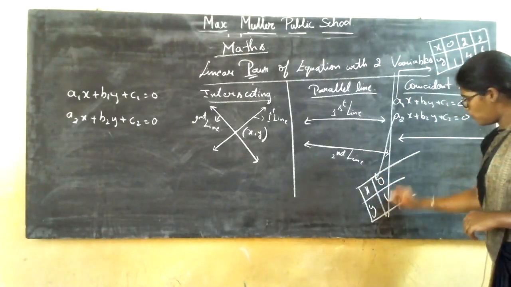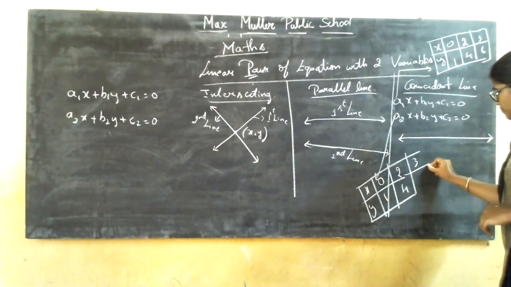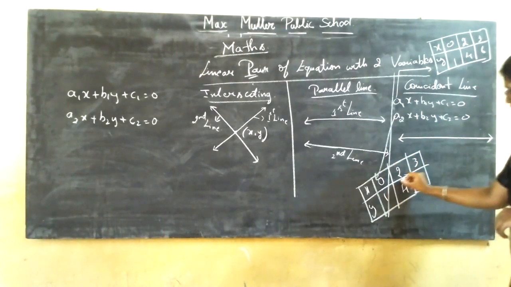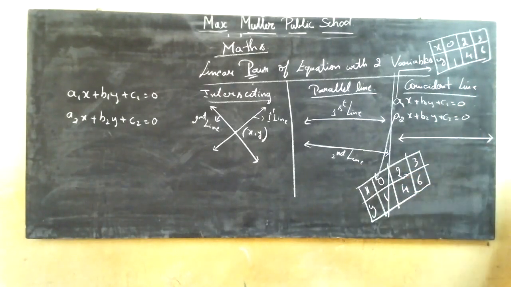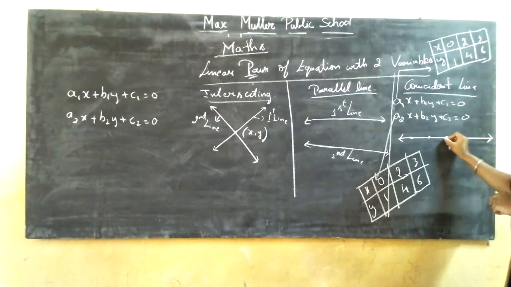It is 0, 1, then 2, 4, then 3, 6. If you have the same coordinate points x, y, then all the points will be intersecting each other.